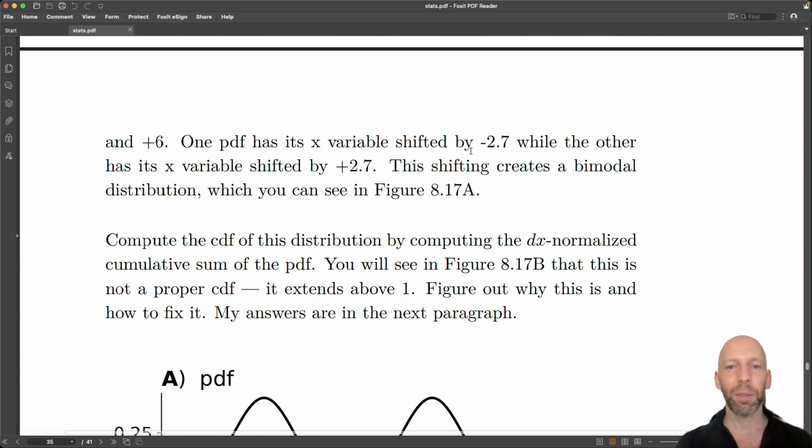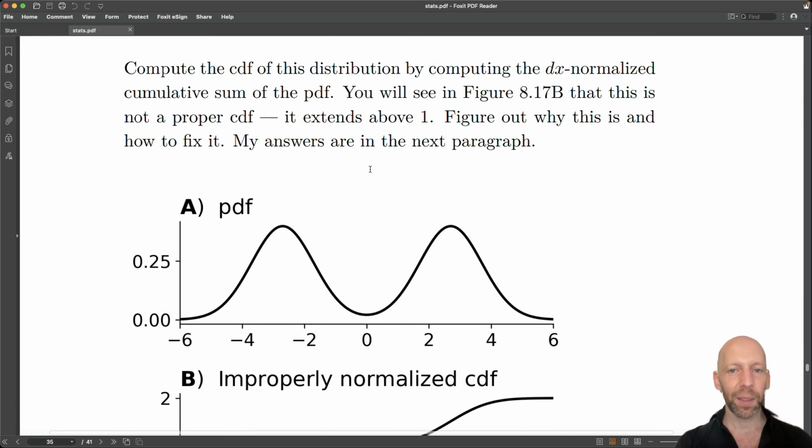So one is shifted by -0.27 and the other one is shifted by +0.27. And the only thing that's doing is shifting the Gaussian PDFs on the x-axis. So you can see this has a peak at -0.27. This has a peak at +0.27. So then you take these two Gaussian PDFs and you just sum them together, literally just sum them together. It's that simple.